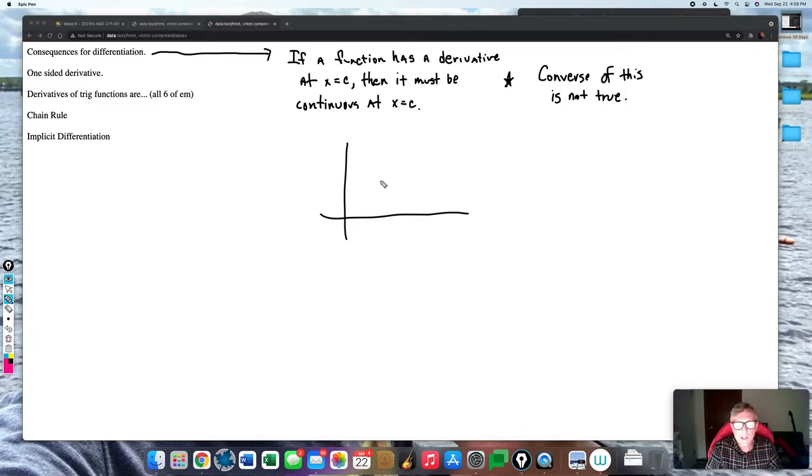But let's say that our function looks something like this. There's a function like that. Then we'll let that point be the ordered pair c, f of c. In this case, we have a function that's continuous, but the derivative doesn't exist. Let me make a remark about this graph: f prime of c does not exist, even though it's continuous.